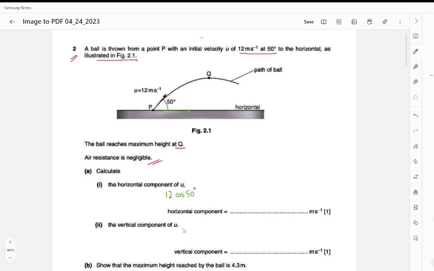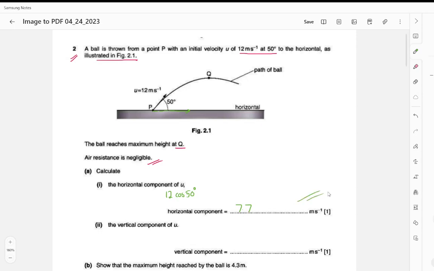So this is going to become 12 cos 50 bracket closed, and this gives me a value of 7.7. First of all, let me just look at the precision that we have to maintain. Two significant figures is more than enough in this case. So 7.7 meter per second. Okay, so this is it.